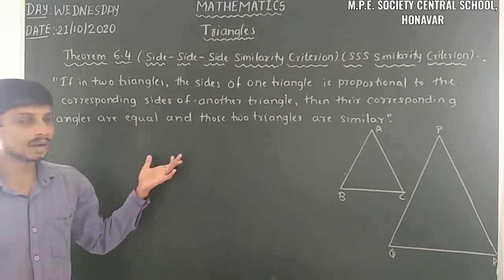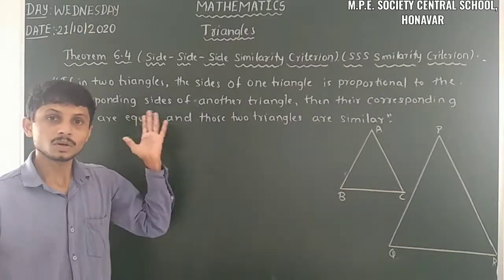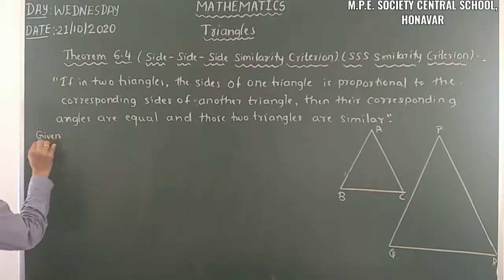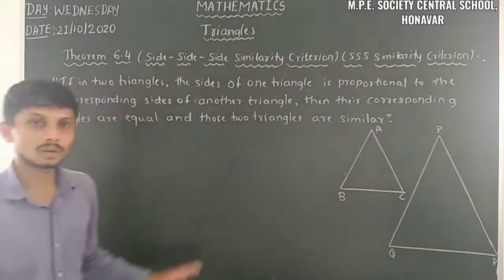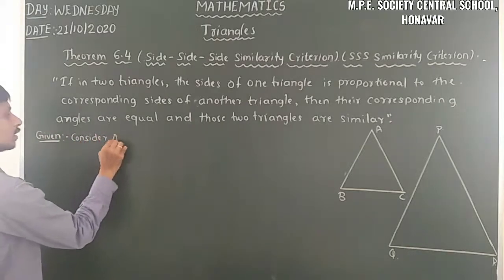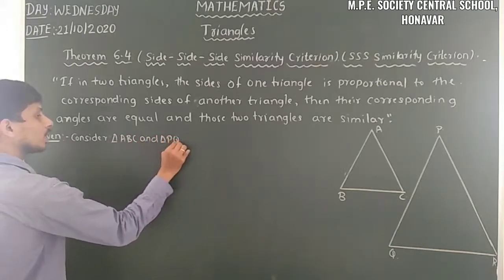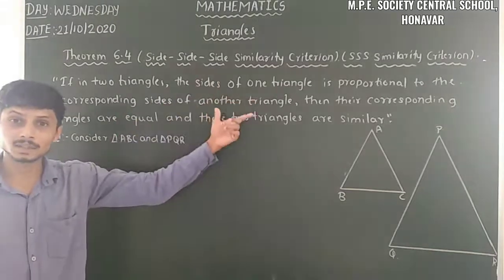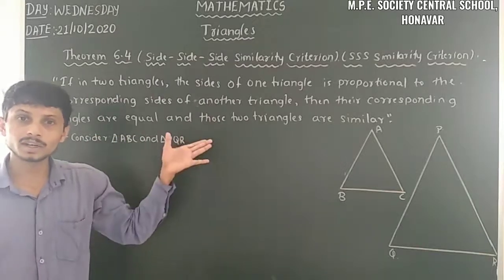Here we have to prove whether it is possible or not. Firstly we have to write what the given things are. Given are two triangles ABC and PQR. In them the corresponding sides are proportional, it is given, but we don't know whether those two triangles are similar or not.